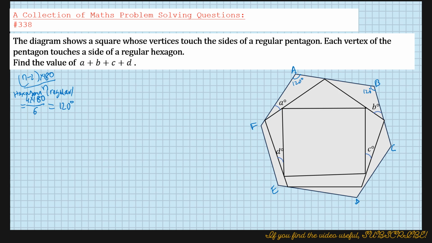So I can name the pentagon as G, H, I, J, K. Okay, so the internal angles of the regular pentagon.